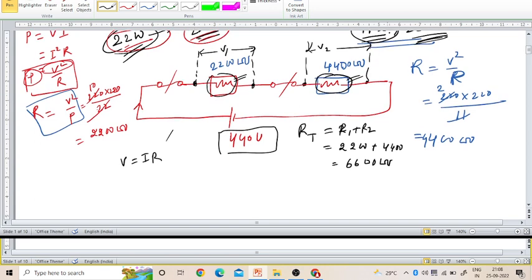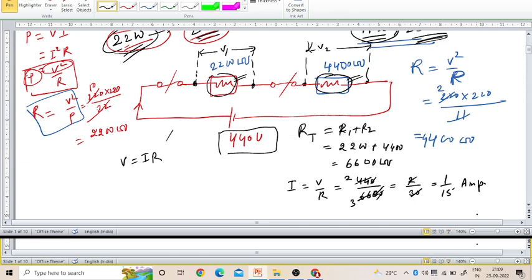Now we have the total resistance and the total voltage. We can easily calculate I equals V by R using Ohm's law. V is 440 volt and R is 6600 ohm. The zeros cancel out, and we have 2 by 30, which finally gives 1 by 15 ampere.